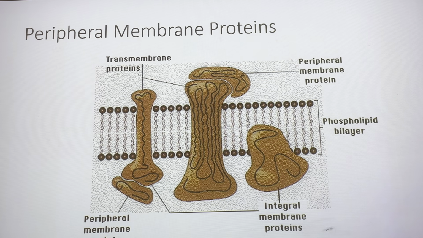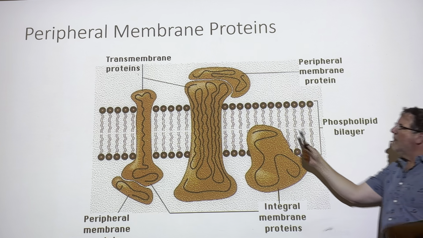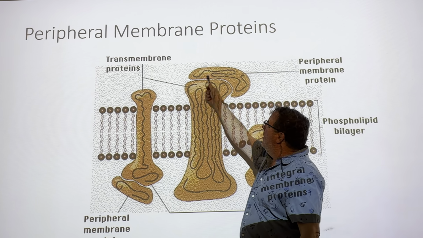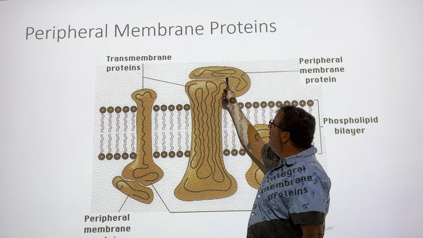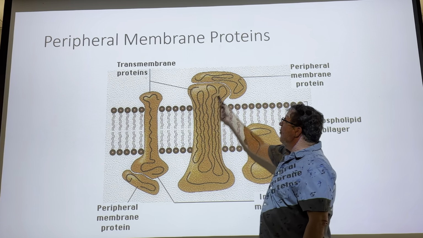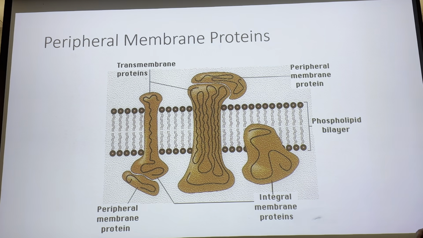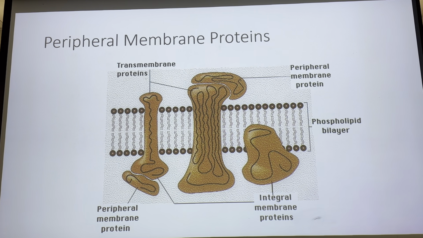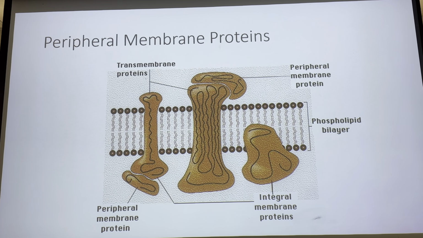Then there are peripheral membrane proteins, which interact with the transmembrane proteins. The way membranes are studied is you generally isolate a membrane fraction, usually by centrifugation, separating the membrane from all the other cellular components.